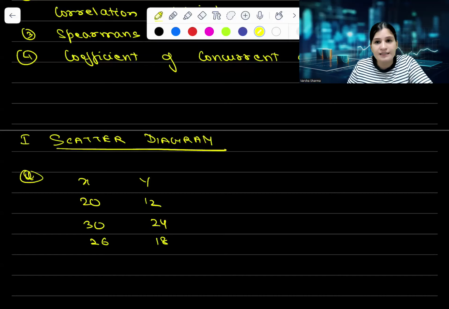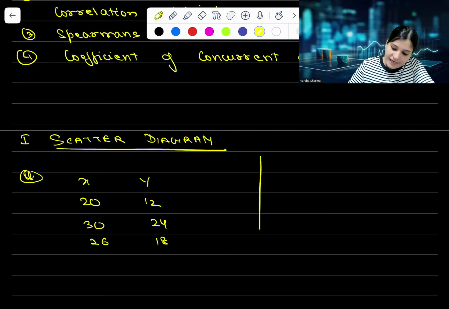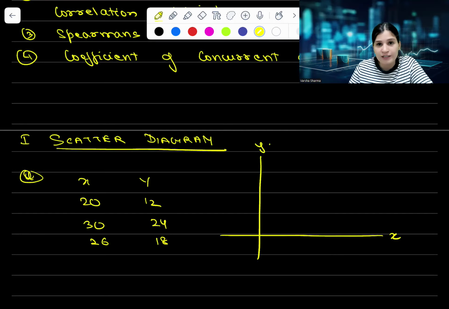Since we are only going to talk about ungrouped data, individual series data, I can plot here. X values will be plotted here, Y values will be plotted here. How the values look will determine what type of correlation we have.